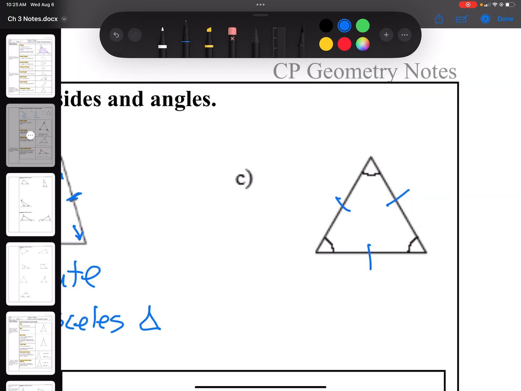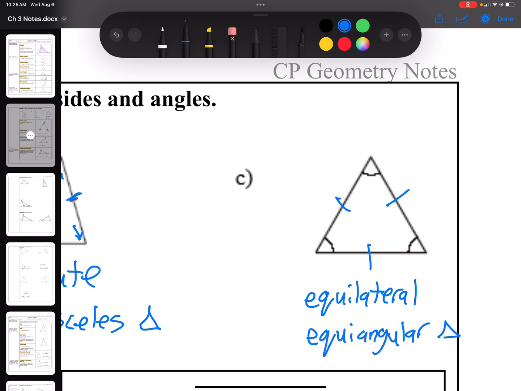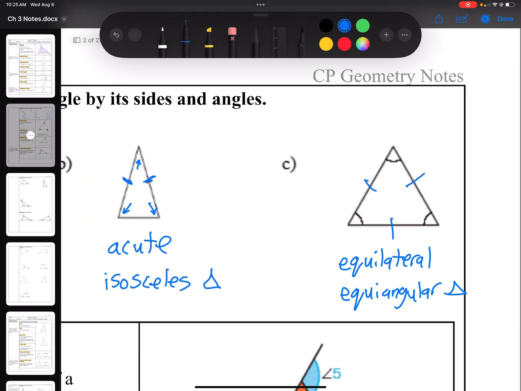So I'm allowed to add those marks. So it is equilateral and equiangular, which, if we remember from a previous unit, makes it a regular triangle. If a polygon is both equilateral and equiangular, it is a regular figure.